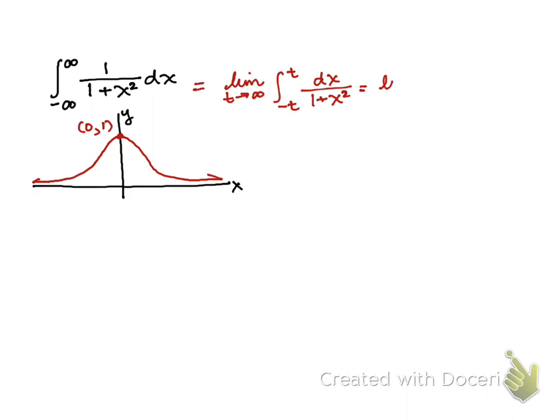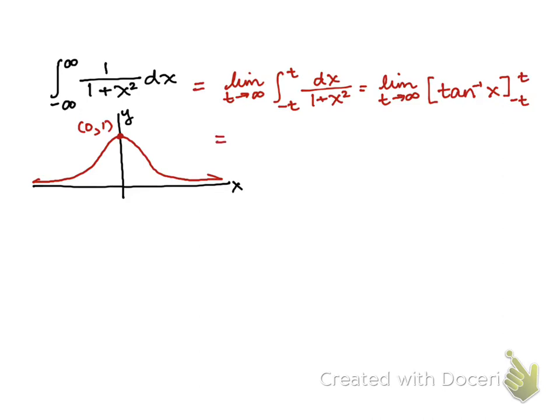And hopefully you remember that that integrates to inverse tangent, the angle whose tangent is x, from negative t to t. Oops, 2t. What's going on there?